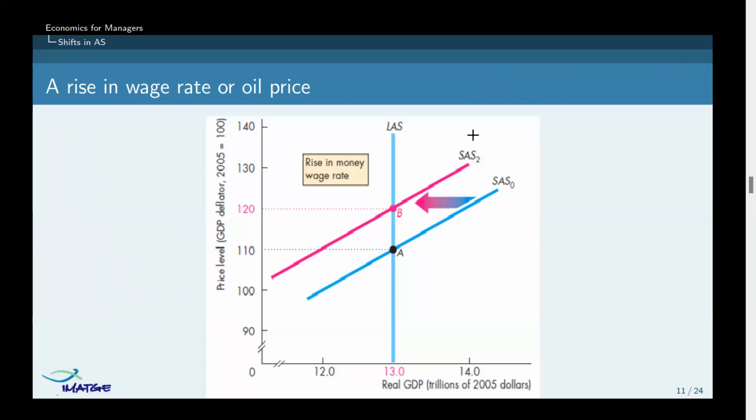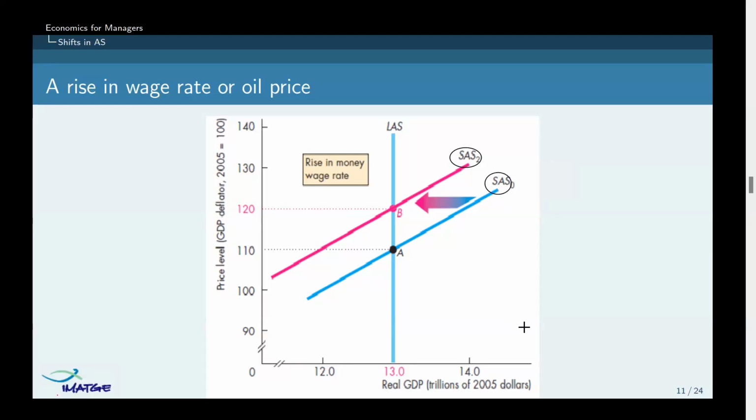And when production shifts to the left, from here to here, you'll find out that the short run aggregate supply curve is the one that is affected.